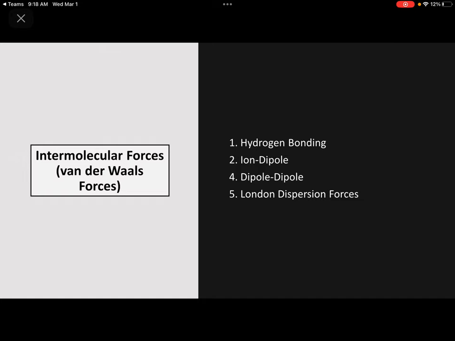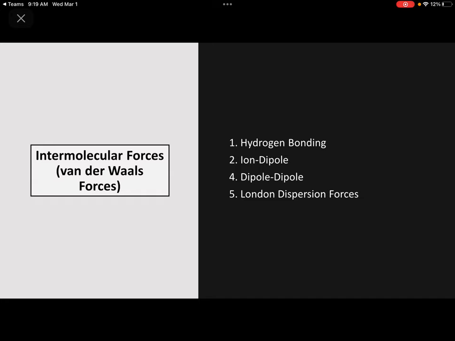So our intermolecular forces, also known as van der Waals forces, there are 4 different types. We have hydrogen, we have ion dipole, we have dipole-dipole, and we have London dispersion forces. These are the only 4 types of intermolecular forces.